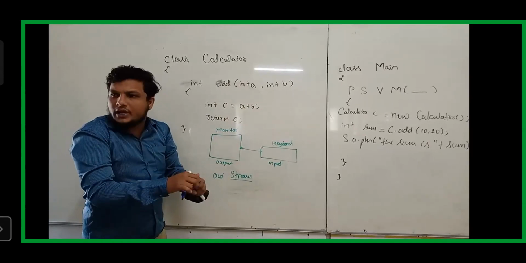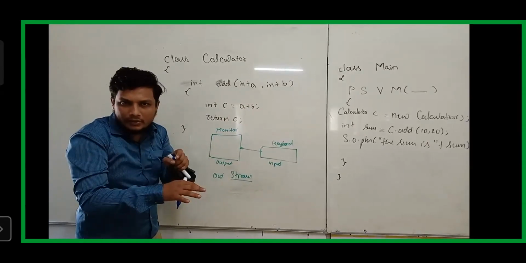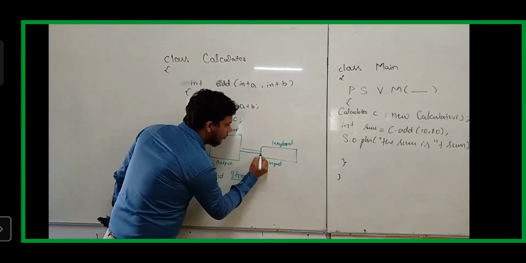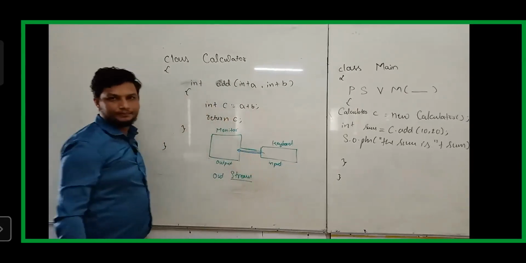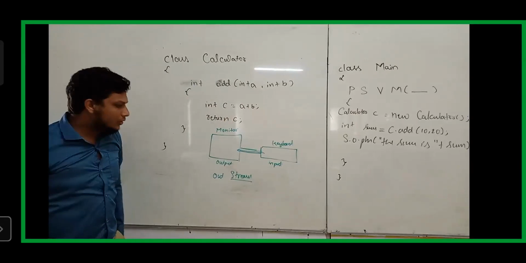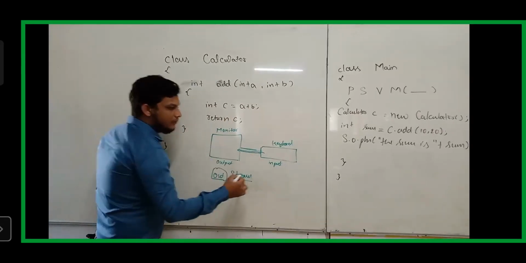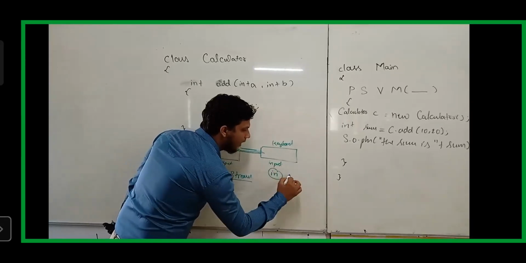How do we give the input to my program by using a keyboard? Whatever the user is entering needs to be pushed to my program. So instead of the output stream, we need to make use of something called the input stream, that is, in stream.